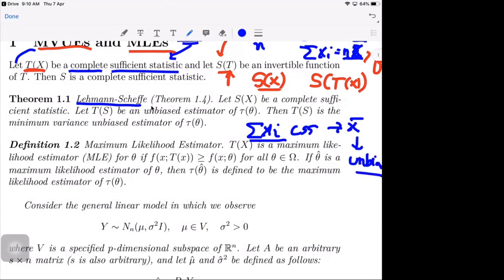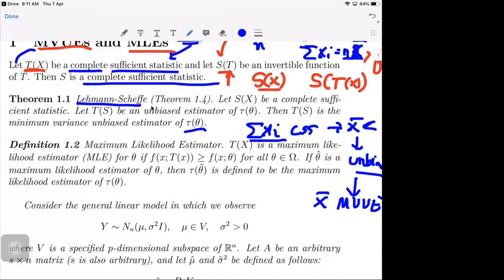So if it satisfies that, x bar is also a complete sufficient statistic by definition. So this is a CSS, and its transformation is also a CSS. If you can prove that the new transformation of the CSS is unbiased, then that estimator x bar is the MVUE, or minimum variance unbiased estimator, for your general parameter space, say tau of theta.